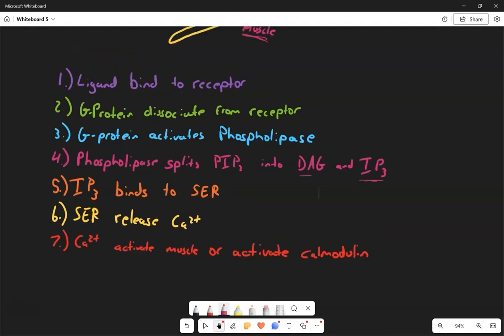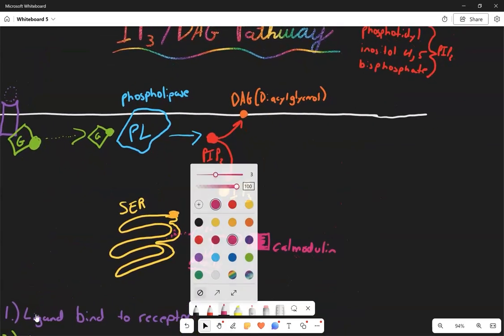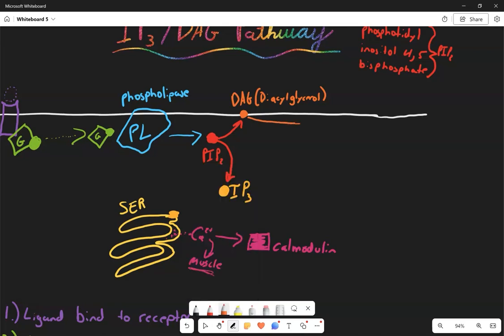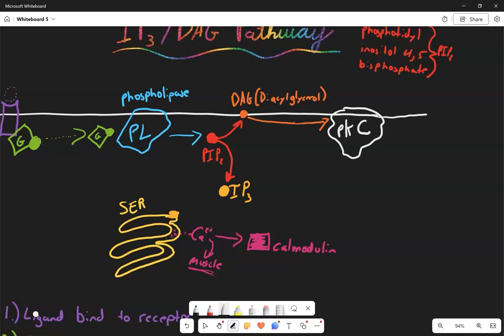If we go back up here and look at our diagram, this DAG sort of just hangs out here, but it's going to come over and interact with a protein kinase, protein kinase C. And what does a kinase do? It's going to phosphorylate a protein, so it's going to lead to a phosphorylated protein.